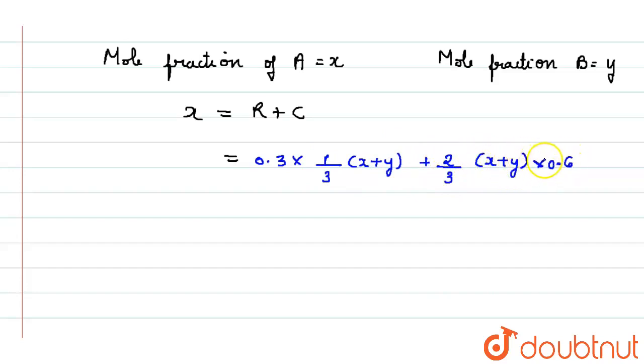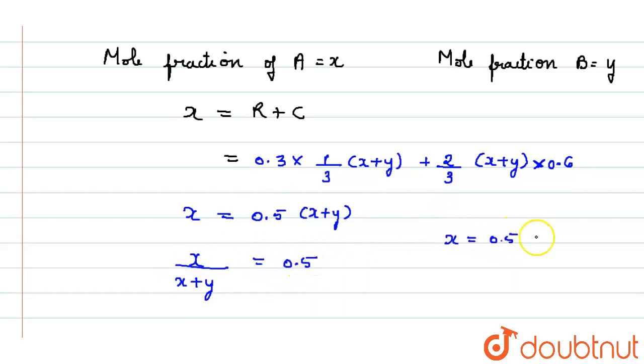This is from the given data itself that I am solving. As we solve from here, the value we get is 0.5 into X plus Y, that is X divided by X plus Y will be 0.5. So we have understood that X is 0.5, Y is also 0.5.